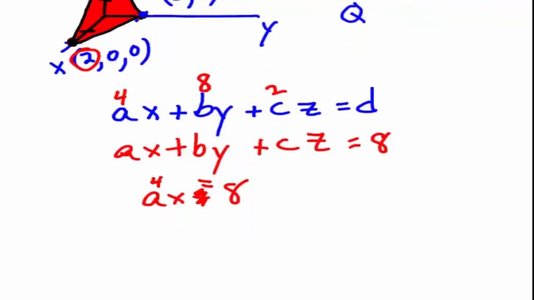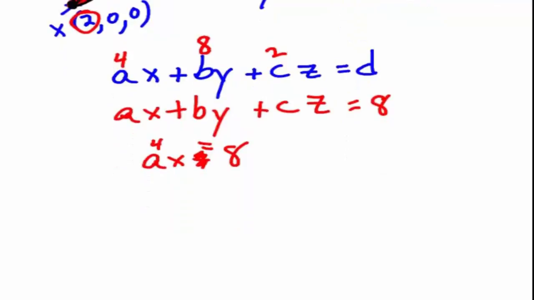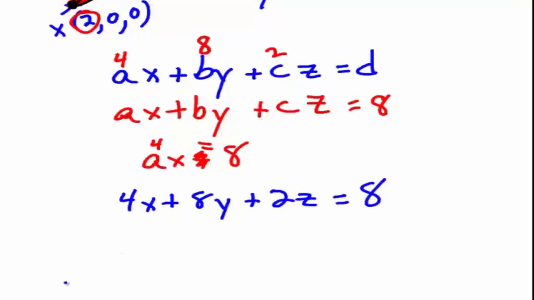So what does that mean? Well, that means the equation of that plane is 4x + 8y + 2z = 8. Or if you go ahead and divide by 2, you get 2x + 4y + z = 4.